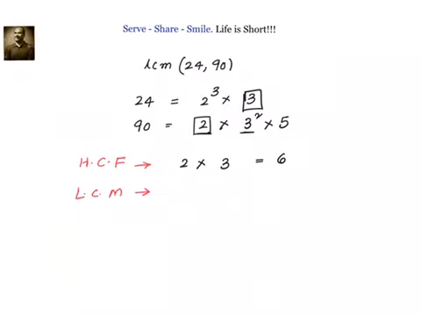Now what is LCM? Product of greatest powers. So 2 to the power 3, and for 3 it is 2, and then we have 5, because LCM is given by the product of greatest powers of all factors. So let's do that. 2 cube is 8, 3 square is 9, 9 into 5, which is 8 into 9, 72, 72 into 5 is 360.